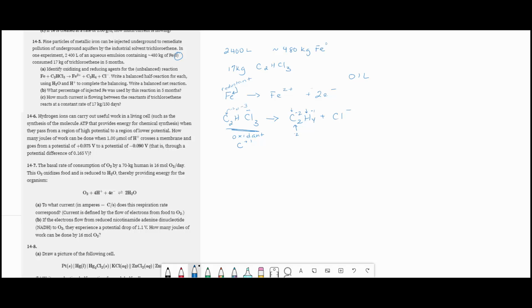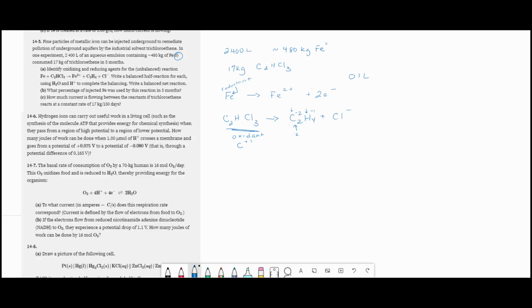We have 2 of these. Therefore, this is a +1 in order to balance that -2 out and make this compound make sense. So that's how that is done. So your reductant is the iron, and the trichloroethene is going to be your oxidant. The thing being reduced is the oxidizing agent or the oxidant.